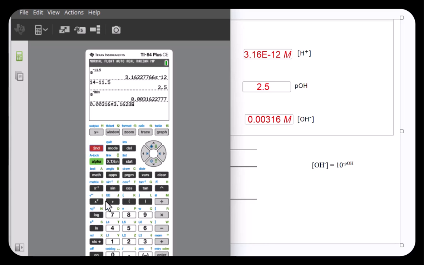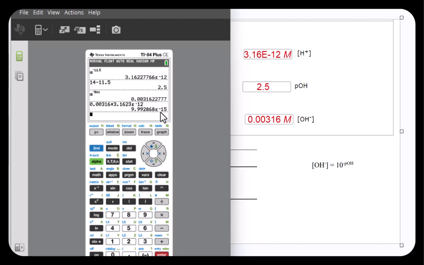Second function, E negative 12. This was the hydrogen ion concentration. This is the hydroxide ion concentration. 9.992 times 10 to the negative 15, which is 1 times 10 to the negative 14.